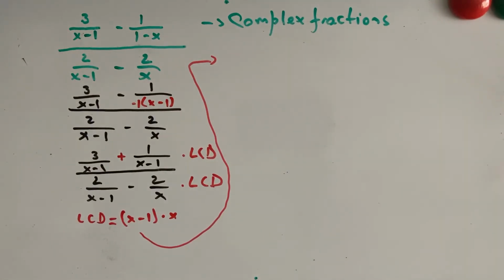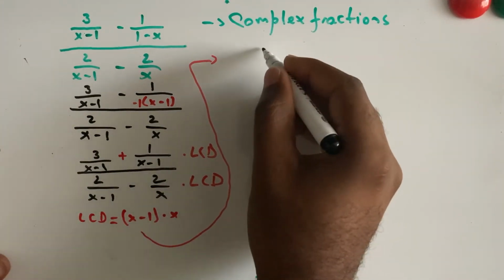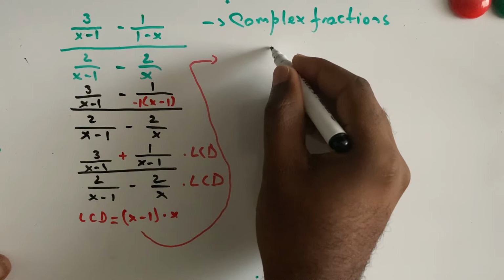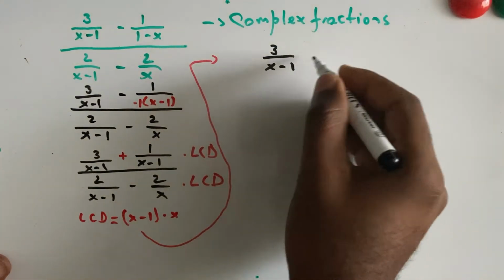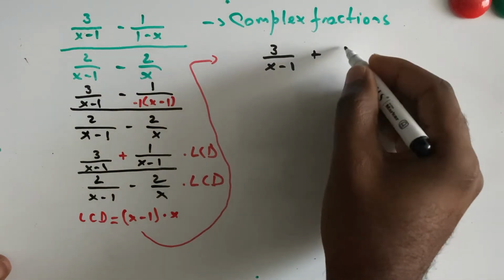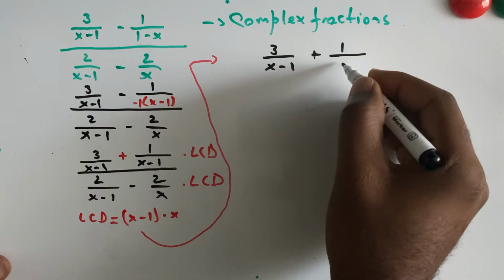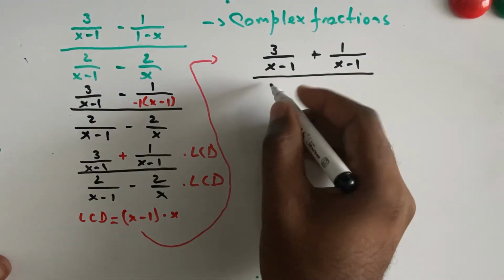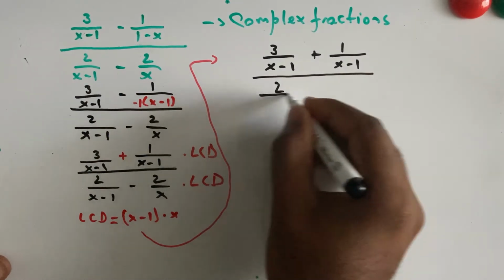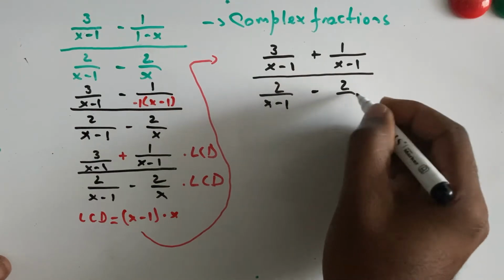Now I'm gonna multiply everything by the LCD. Okay, let me write what I have here first. And I'm gonna show you exactly what I'm doing here so you don't get confused. Plus 1 over x minus 1, over 2 over x minus 1 minus 2 over x.